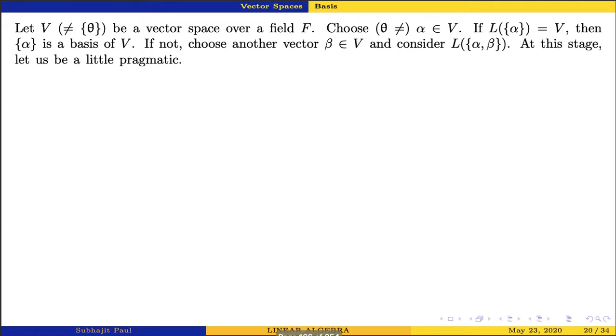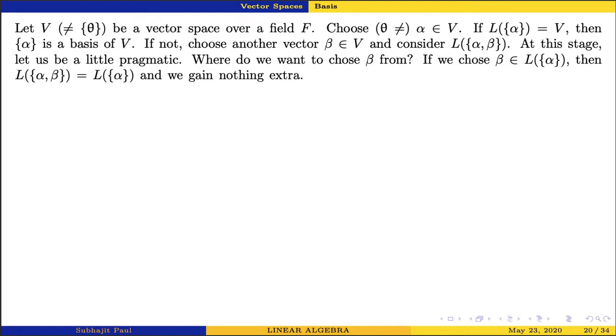At this stage, let us be a little pragmatic. Understand that we are trying to reach a basis, a generating set of the vector space. We started with a non-zero vector alpha. We did not succeed, so we are looking for another vector. Where do we want to choose this other vector from?